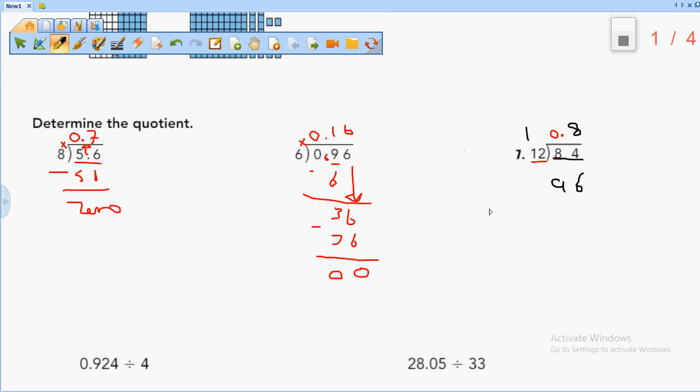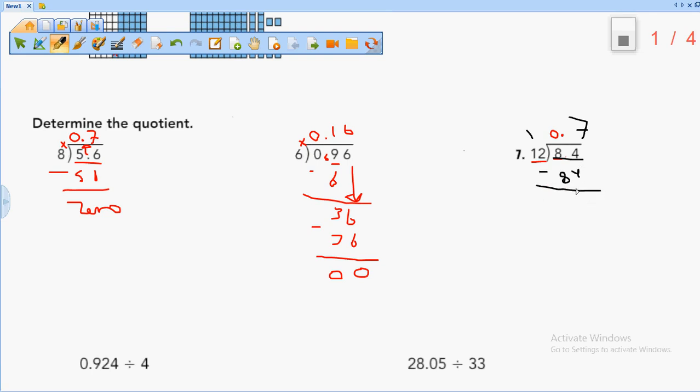If the answer is 96, it's greater than 84. So I will use 7. We have to take a number less than 8. 7 times 2 is 14. 7 times 1, 7 plus 1 is 8. Look, it's equal to 84.